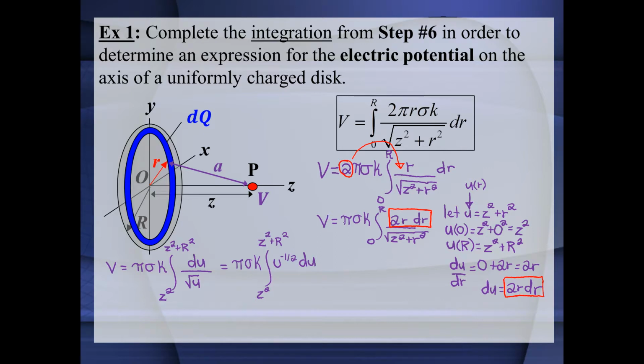And then the antiderivative of u to the negative 1/2: you add 1 to the exponent, so u to the negative 1/2 plus 1, and then divide by negative 1/2 plus 1.